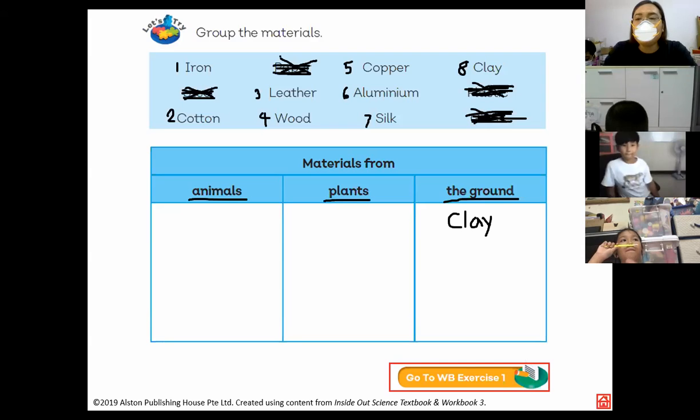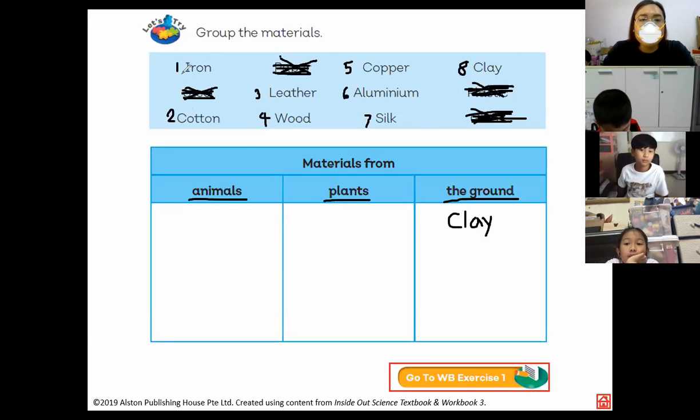Let's check your work, class. So we have 1, 2, 3, 4, 5, 6, 7, 8. We have 8 materials, okay? Let's try to group the following materials. Let's start with number 1, iron. Is it a material from animals, from plants, or from the ground?